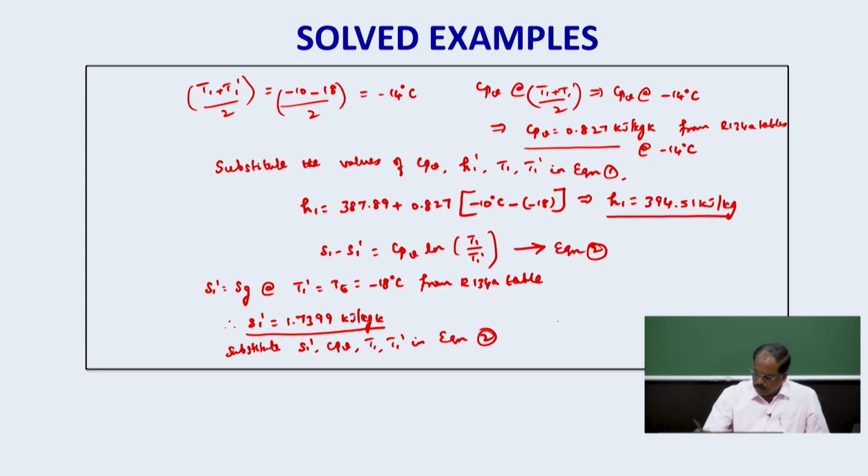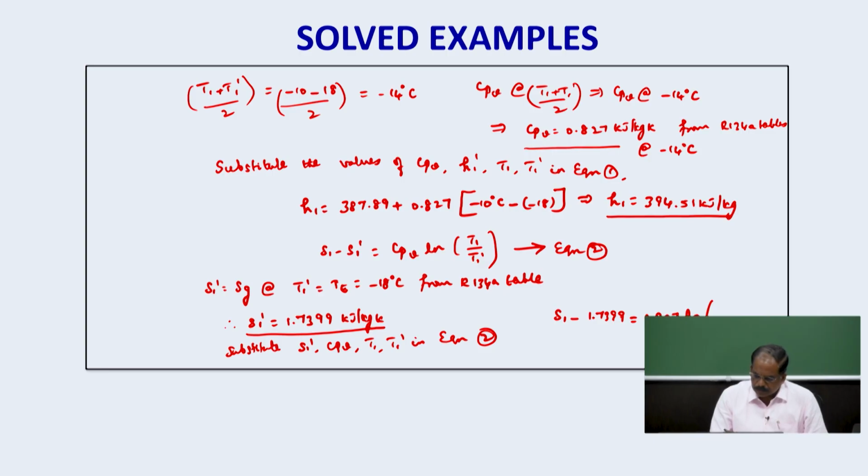the saturated vapor entropy corresponding to the evaporator temperature. So when we substitute all these things in this equation, we get S1 minus S1 dash is 1.7399, which is equal to Cp of vapor, 0.827, into ln of, as I told in the previous lecture, since the temperature is in a ratio, we have to substitute in Kelvin, not in degree centigrade.